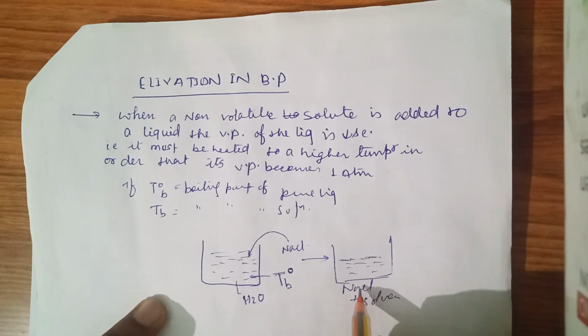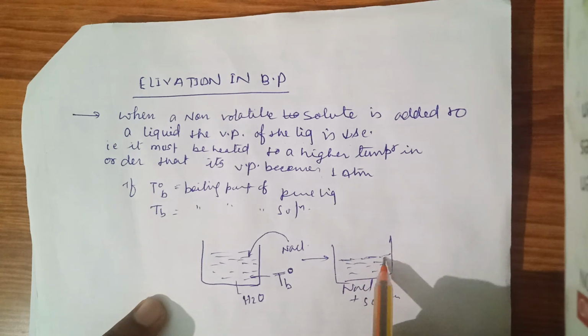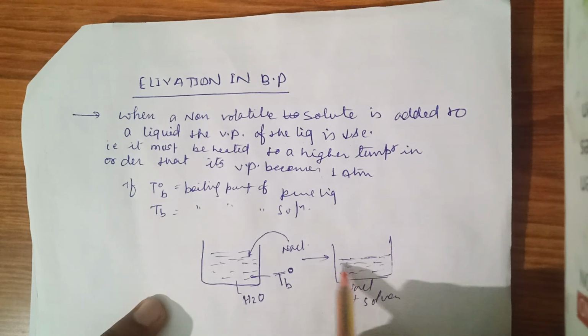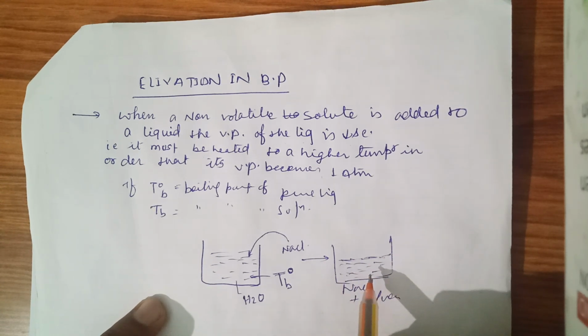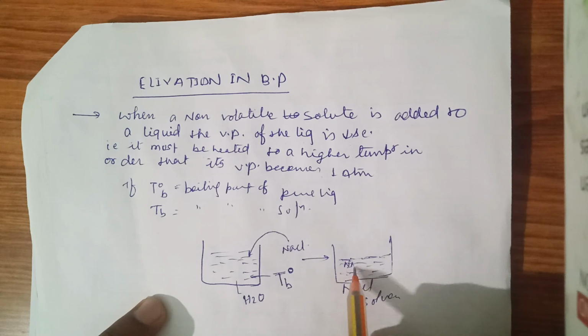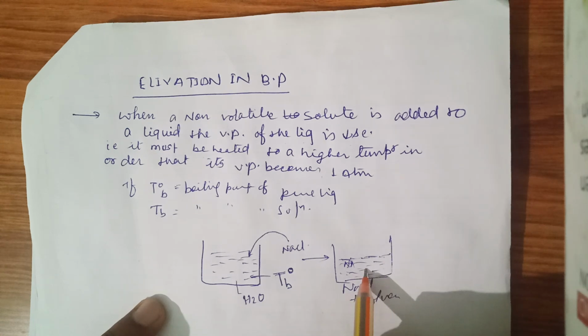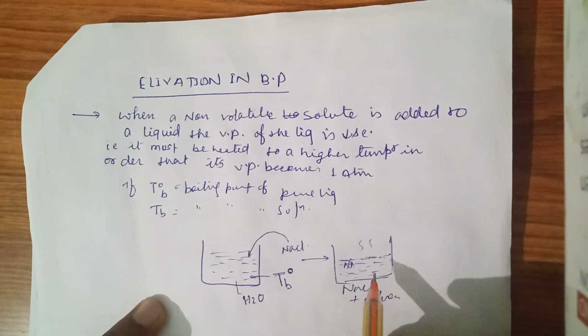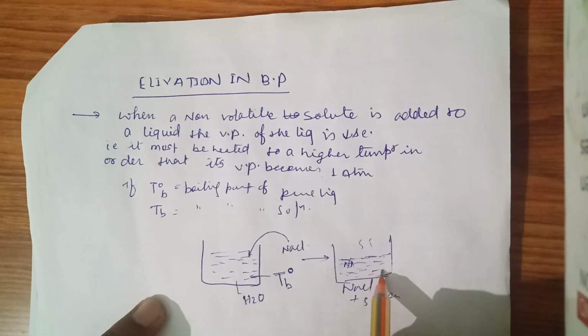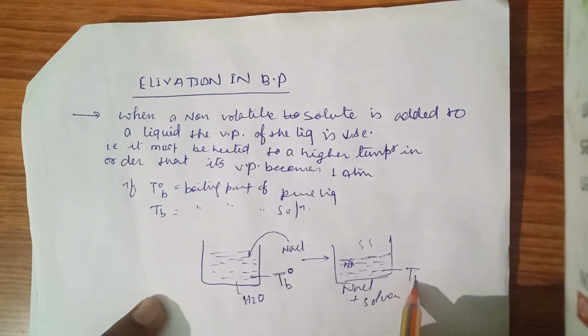Now, since the sodium chloride molecule is non-volatile, it will hinder the solvent molecule from escaping into vapor, because the particles of sodium chloride come in the path of the water molecules and resist their movement from the liquid state to the vapor state. Let us say the boiling point in this case is TB.